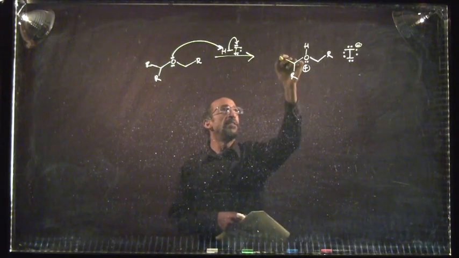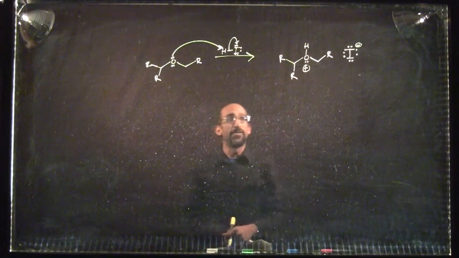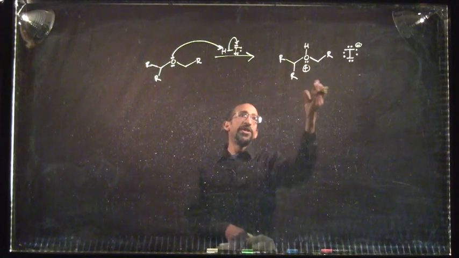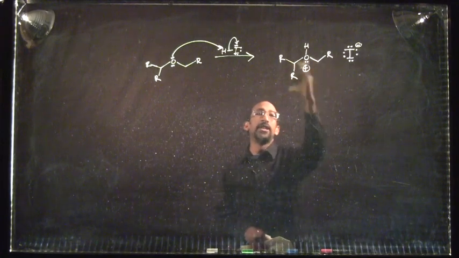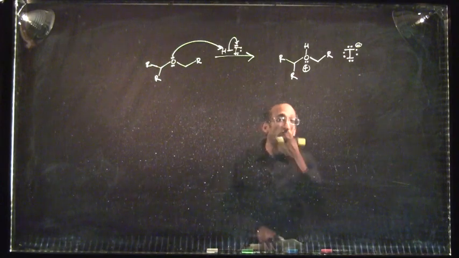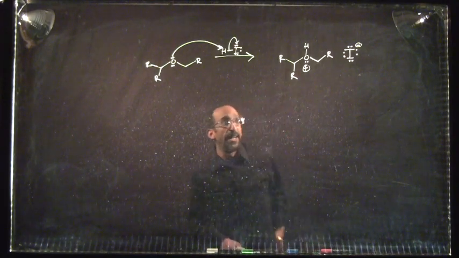So now that I've got two different types of carbons on each side of this oxonium oxygen, we have to decide which of these two electrophilic carbons is going to be the side that the iodide anion attacks at.